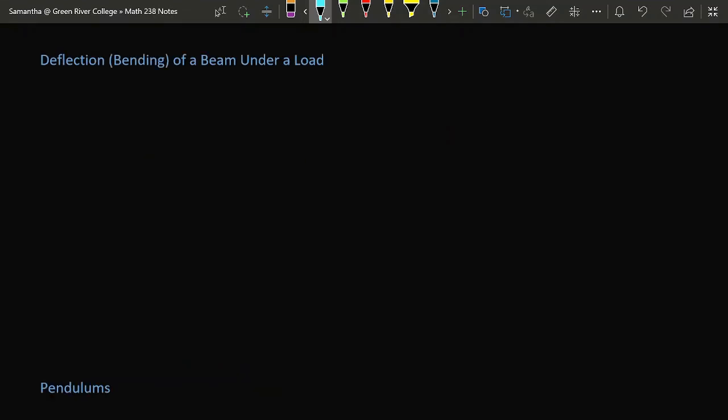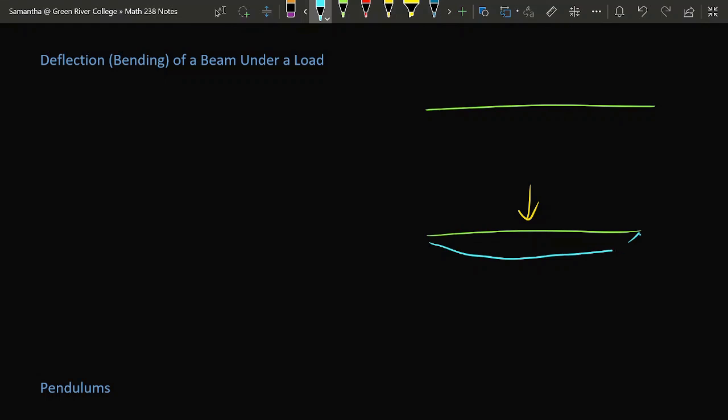It turns out that you can also use higher order differential equations to measure how much a beam is bent or deflected underneath a load or a weight. Under normal circumstances, the beam might be straight, but if you put a weight on, the beam bends. So the question becomes, what is the relationship between the amount and the position of the weight on the beam and the bending of the beam?